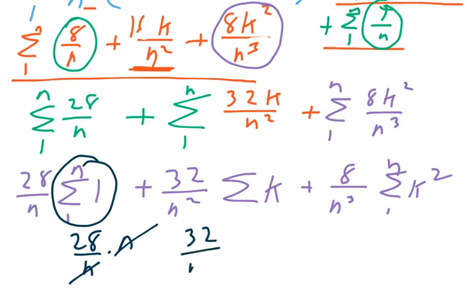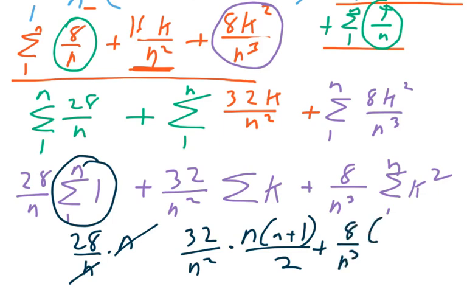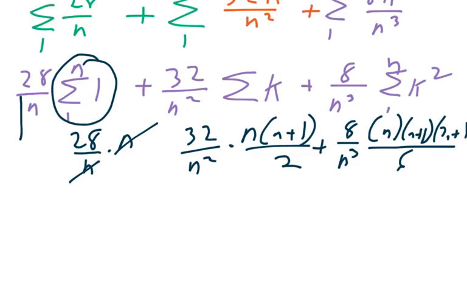For the next part, my summation for k is n times n plus 1 over 2. And for this last one, we have the summation of k squared, which was n times n plus 1 times 2n plus 1 over 6. We're almost there.